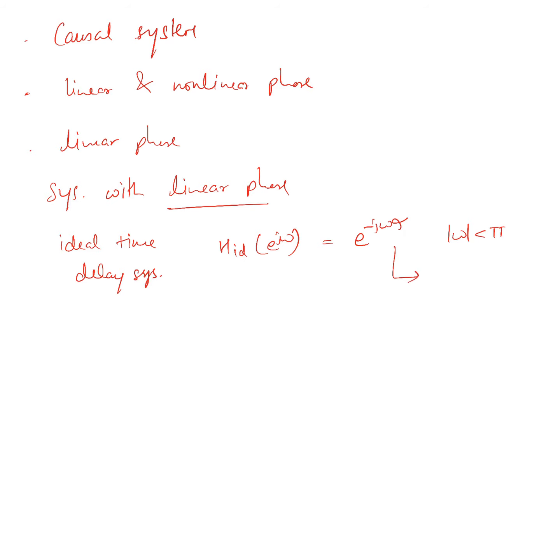So this α is real and not necessarily an integer, right? And this ideal delay, we assume that it is introduced by the communication channel, let's say. Okay, and this of course is the frequency response of the ideal delay system.